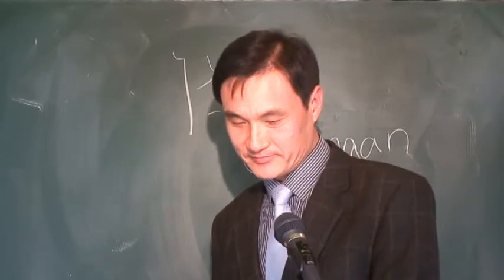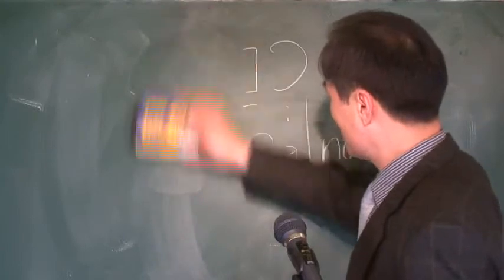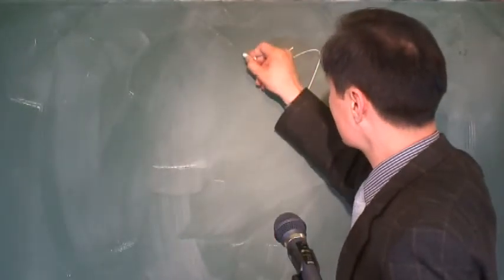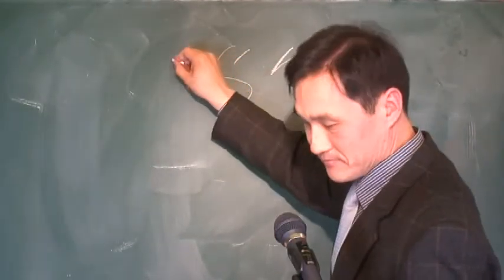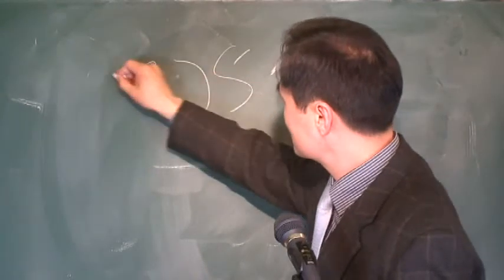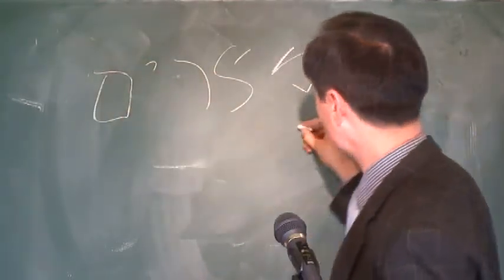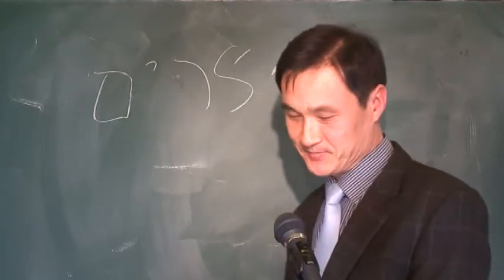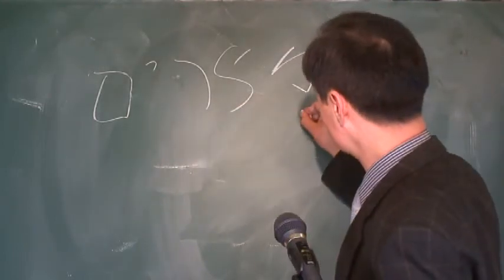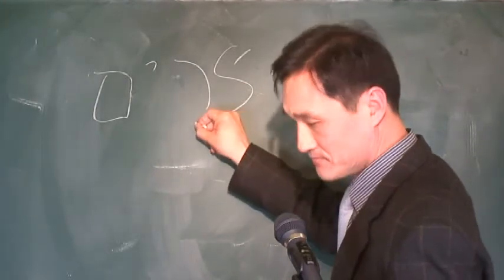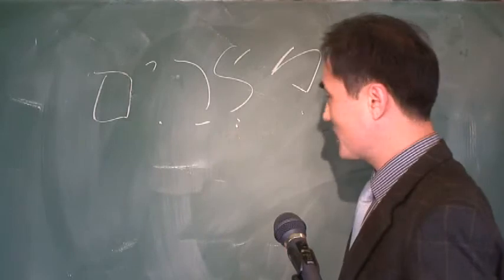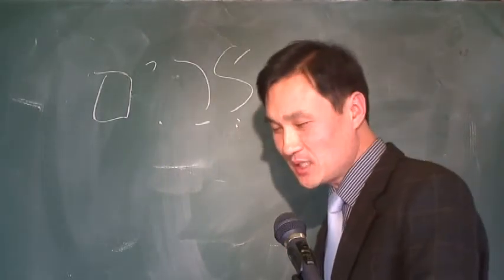Lastly, let's look at an example with a silent shewa. Let's look at Mitzrayim again. Mitzrayim is Egypt. Let's add vowels to Mitzrayim.